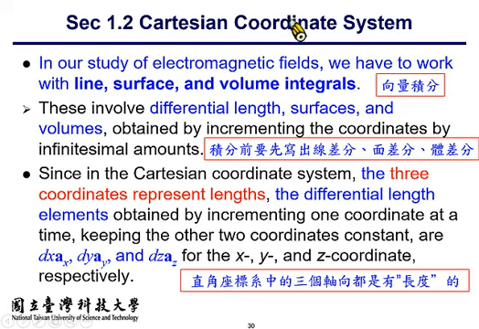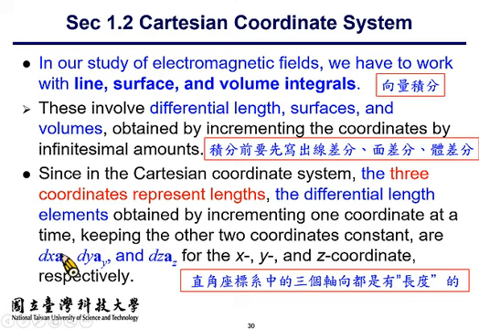All right. In the Cartesian coordinate system, we know the three coordinates represent lengths. So the differential length elements can be obtained by incrementing one coordinate at a time and keeping the other two coordinates constant. So the small increment in the x direction is referred to as dx ax.